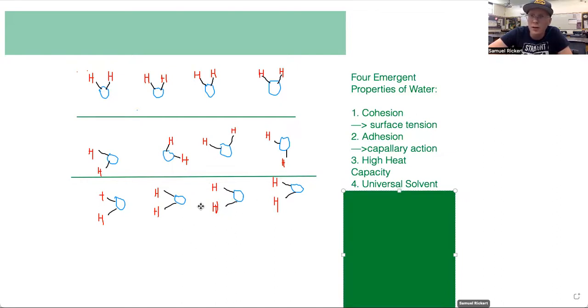For example, if we put salt into here, those ions will dissolve into the water and form what we call an ion dipole intermolecular interaction. And so water turns out to be uniquely good at dissolving. And so that's why it was called the universal solvent. For biology purposes, water really is the universal solvent.